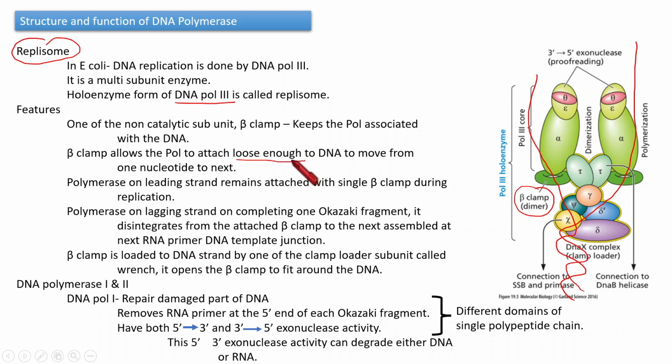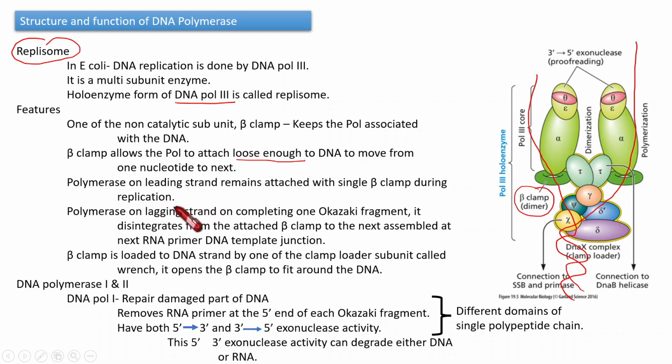And we know that replication happens in two strands, in the form of leading strand and the lagging strand. Then what about the mode of movement in leading strand and lagging strand with respect to the polymerase? In the leading strand, this polymerase can stay associated with the same beta clamp until finishing the replication of that strand.